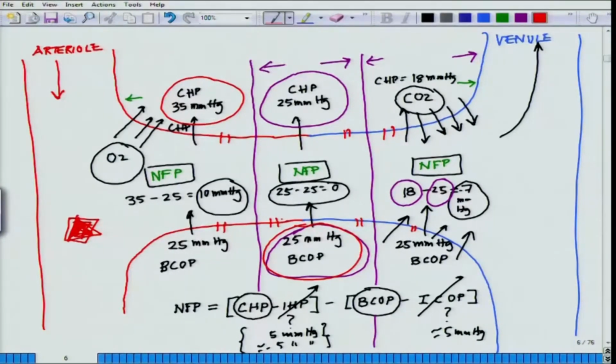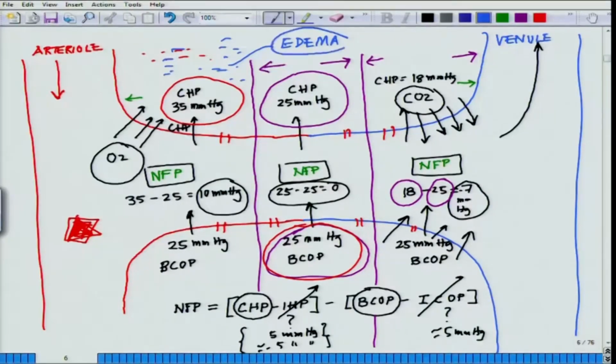Whenever there is a disturbance in all these things, the possibility is there will be some fluid accumulation at some point, and this fluid accumulation is what you call edema.